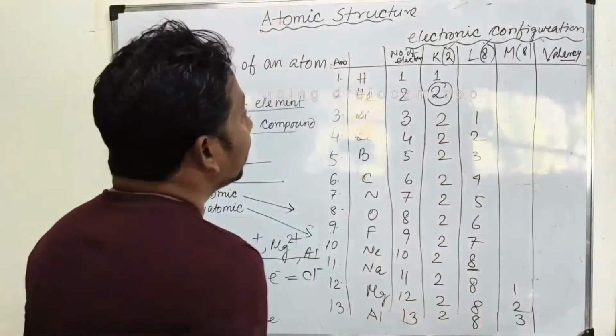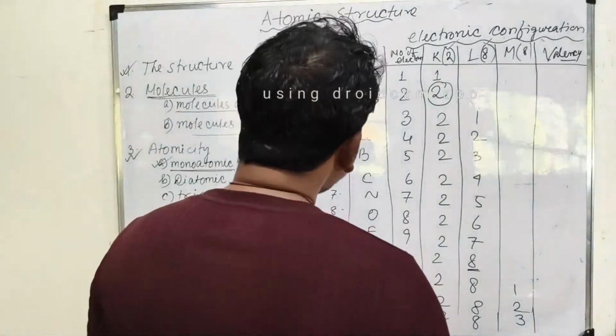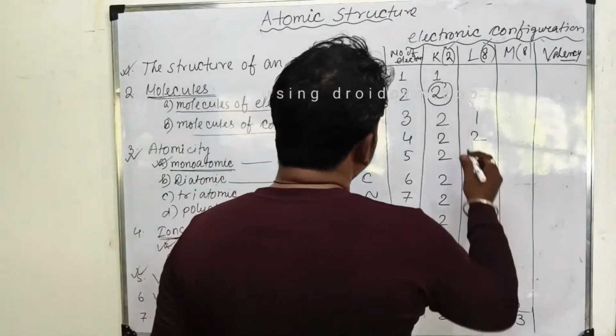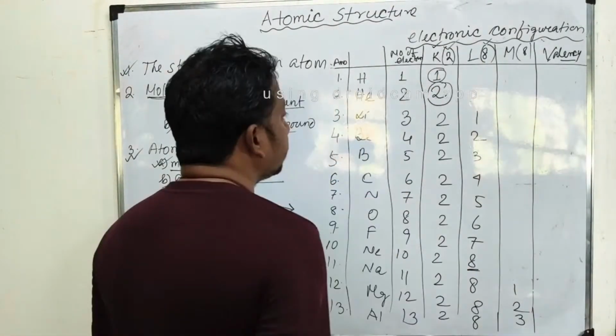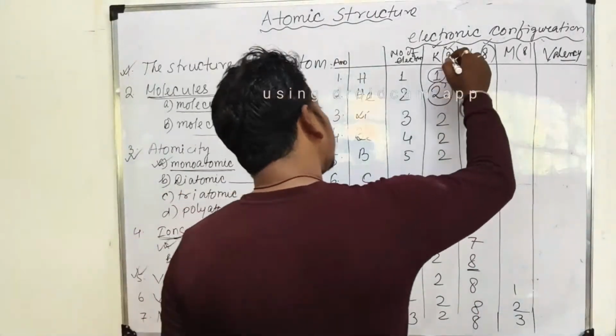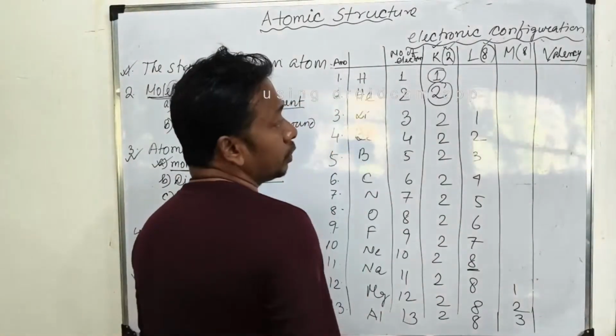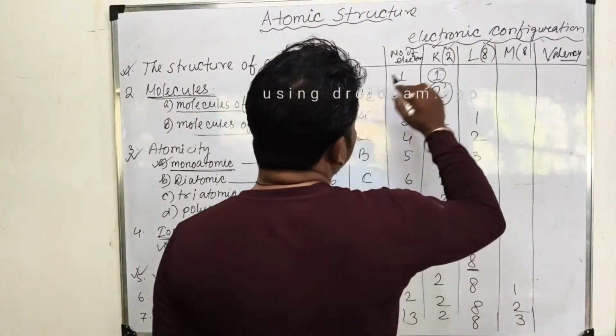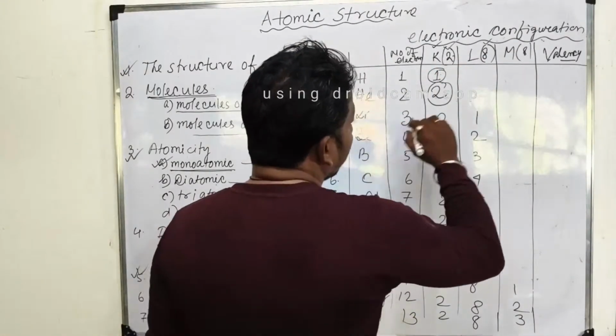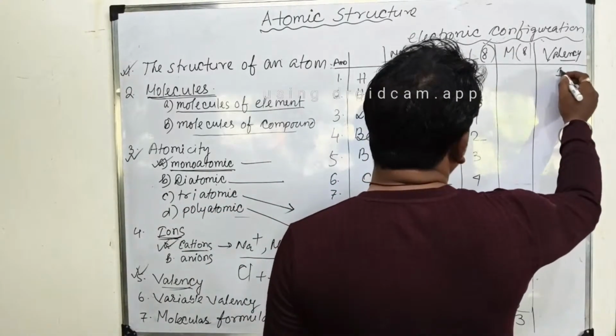So how will I find out the valency? Basically, there are simple rules. Think about hydrogen. It contains 1 electron. So what is the maximum capacity of the K shell? That is 2. Simply subtract: 2 minus 1, so the valency is 1.